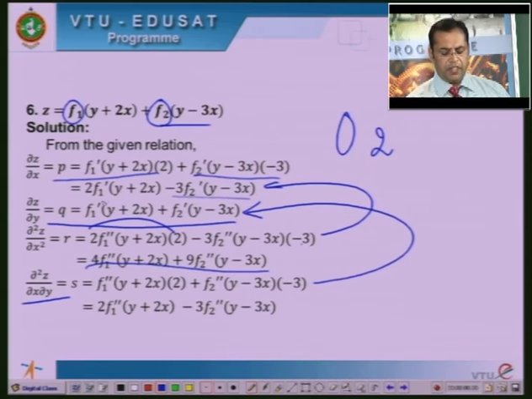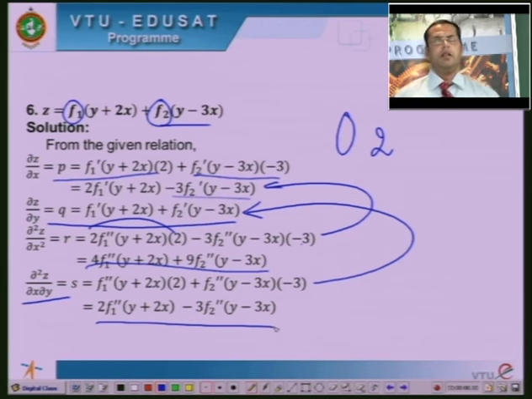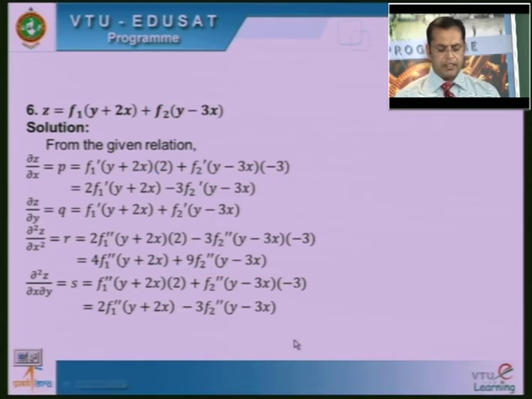So, you have f1 double dash y plus 2x into 2 plus f2 double dash y minus 3x into minus 3. That will simplify to 2 f1 double dash y plus 2x minus 3 f2 double dash y minus 3x.